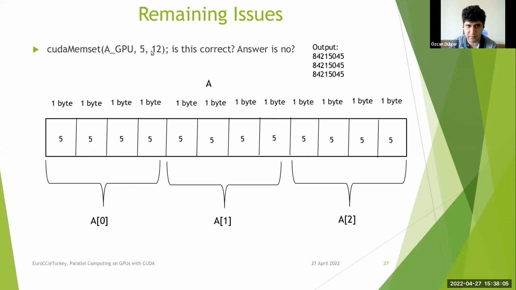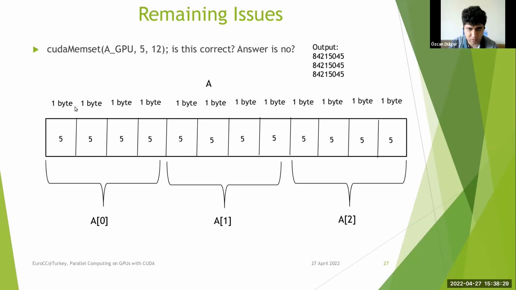We cannot set 5. In this case, the output is very different for the first element, second element, and third element. So let's try to find and fix how we set the elements to 5.